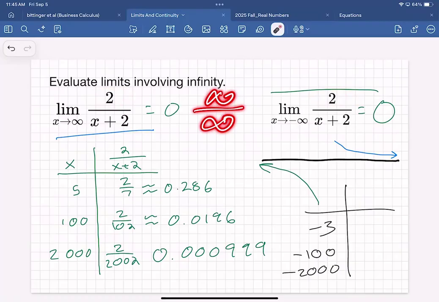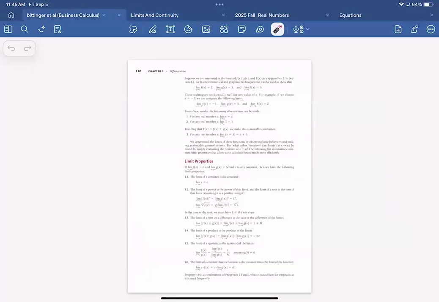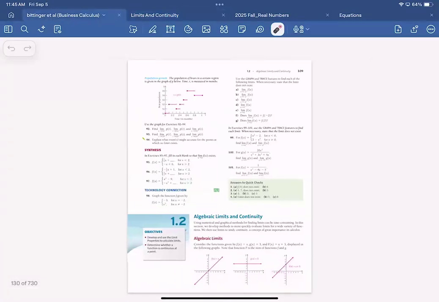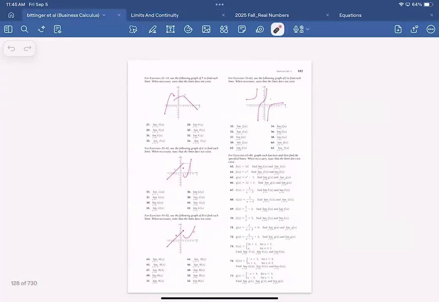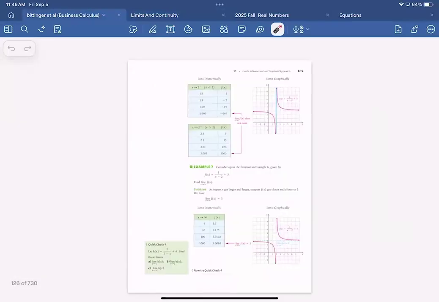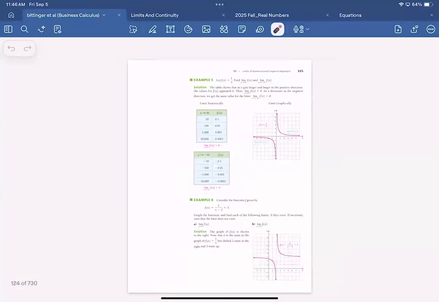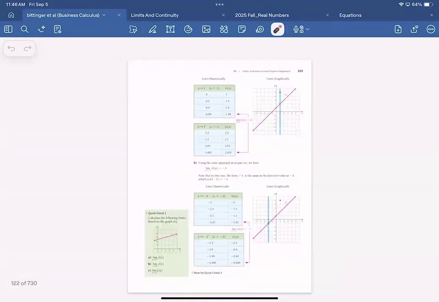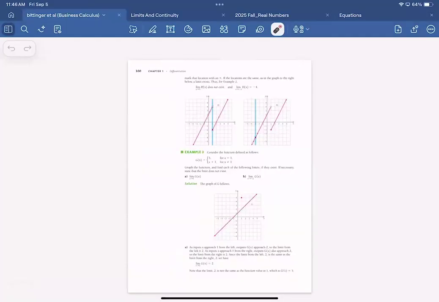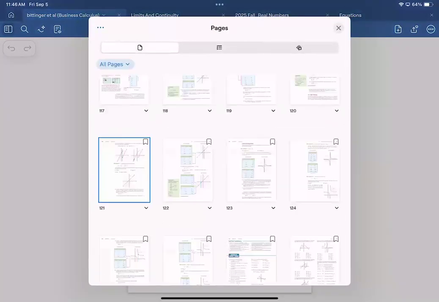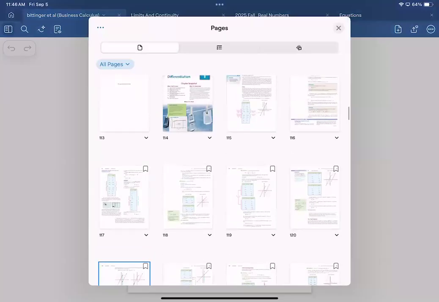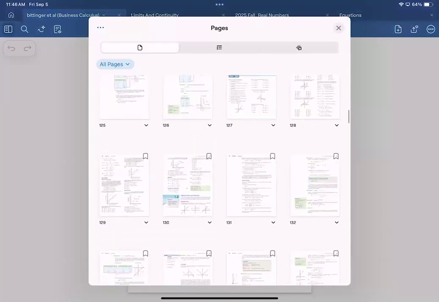Indeterminate. Indeterminate. I think that's something I probably should have showed you. I know we've kind of looked at it more in the 0 over 0 spot. I don't remember what page it's on. Let me find it real quick.